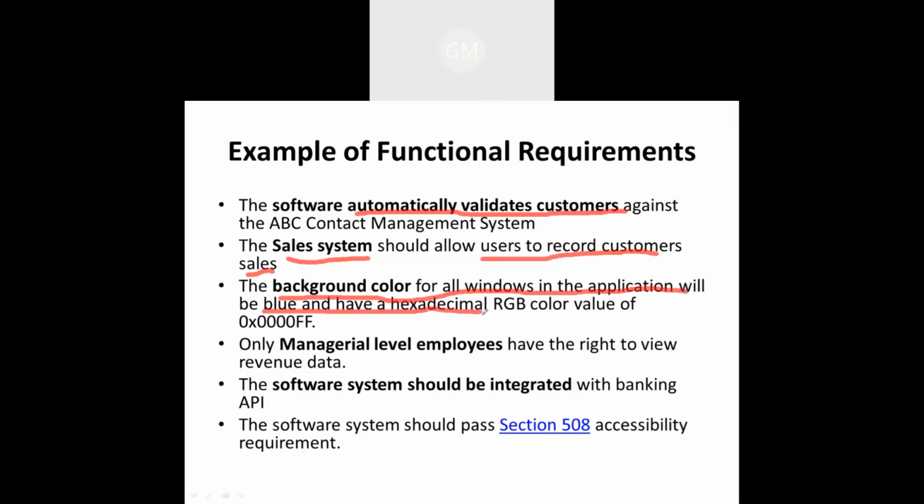As we know, the basic colors are RGB, that is red, green and blue, and from these we can generate any type of color. So this is one of the functional requirements. Another functional requirement example is that managerial level employees have the right to view the revenue.